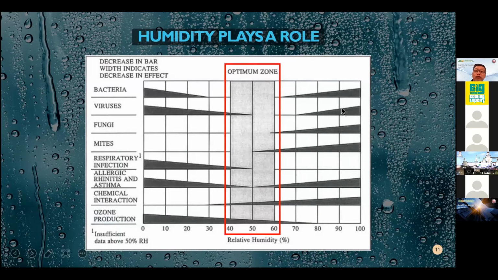So to prevent that, you have to keep the humidity level lower than 60%, right? Anything lower than that, you may have other problems like static electricity shock. Also, bacteria and viruses tend to survive better when the air is dry. But when you control it at 40 to 60%, it gives them difficulties to survive, right?